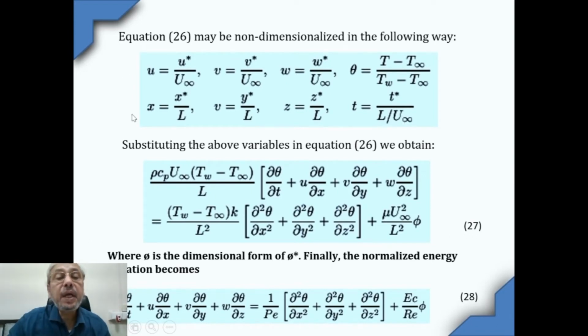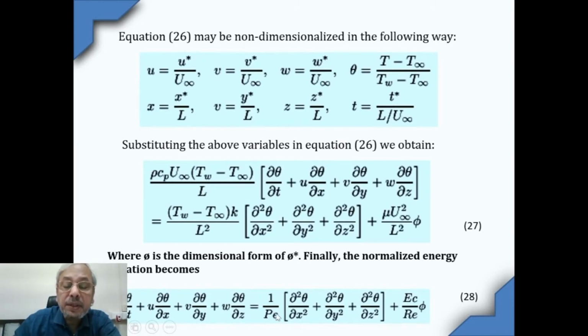So if we define the non-dimensional variables in this way, then we can plug in these variables into the dimensional equation given by equation 26, and we can get this non-dimensional form of equation given by del theta del t plus u del theta del x plus v del theta del y plus w del theta del z equal to 1 by Peclet number.